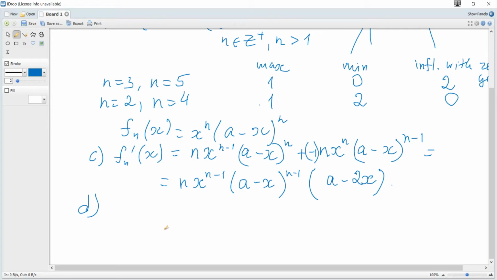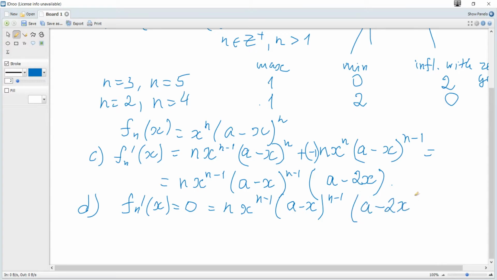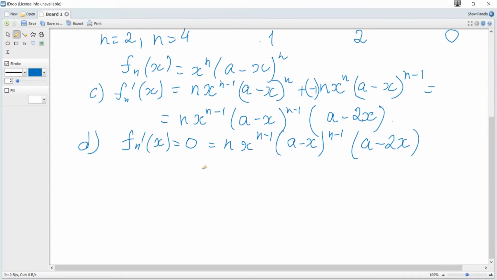State the 3 solutions for the equation f_n'(x) = 0. So it becomes n x^(n-1) (a - x)^(n-1) multiplied by (a - 2x) is 0, and we can see that x is 0.